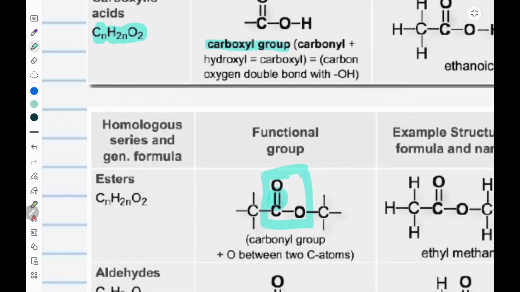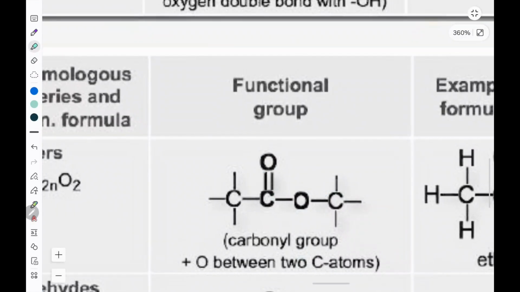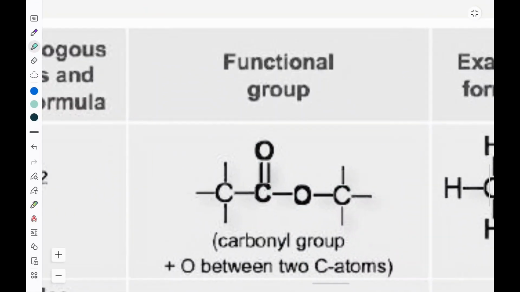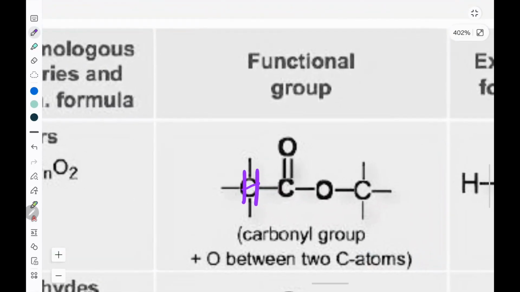So the C has two oxygen atoms attached to it, and it doesn't have any other atom attached to it except another carbon atom, okay? So 3 of its bonds are taken up by these 2 oxygen atoms, and the remaining one attaches to a carbon atom, right? If there was an H here, then that would not be an ester, it would be something else.